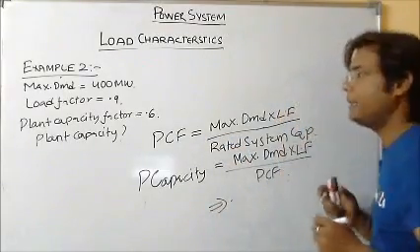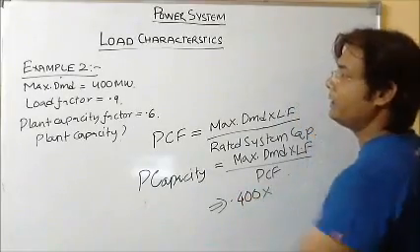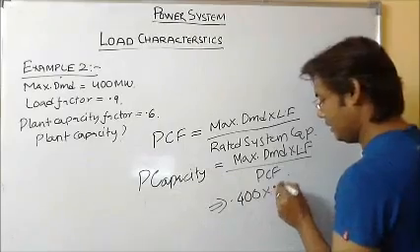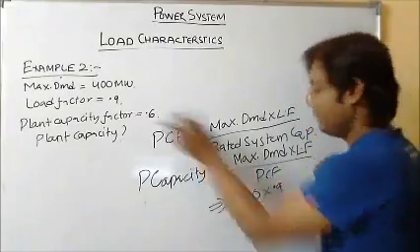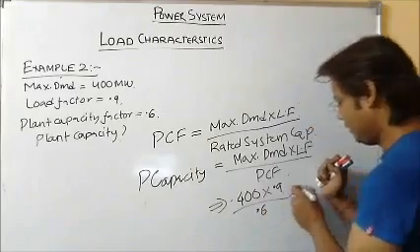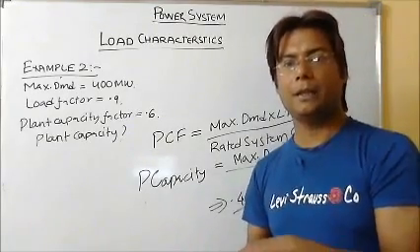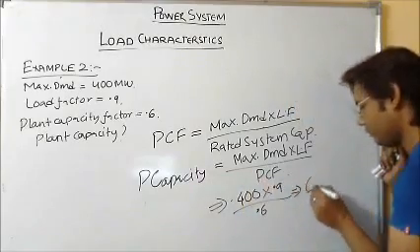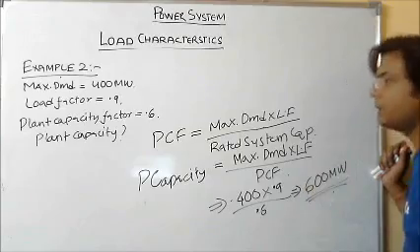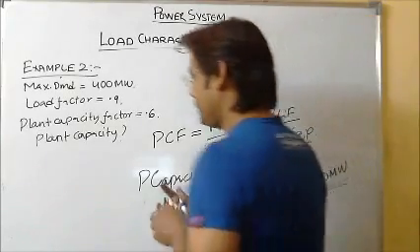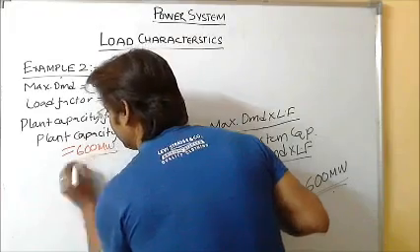So the maximum demand is 400 megawatt into the load factor, which is given here as 0.9, divided by the plant capacity factor, which is given as 0.6. So I get my plant capacity as 600 megawatts. This is the answer for the plant capacity, which is equal to 600 megawatt.